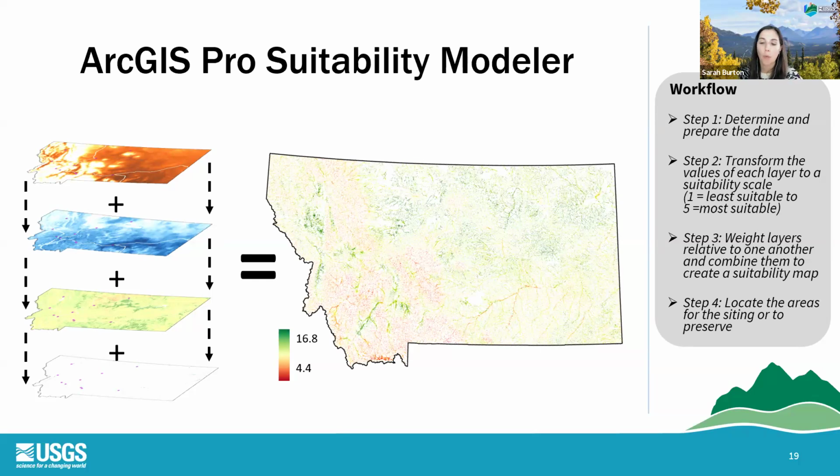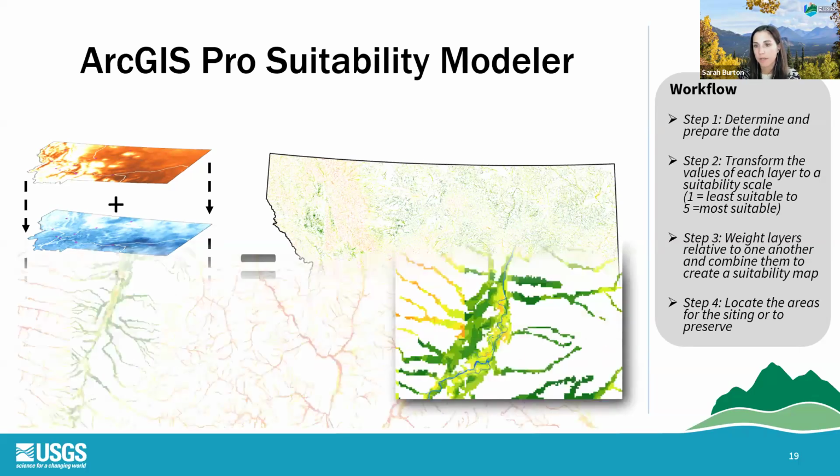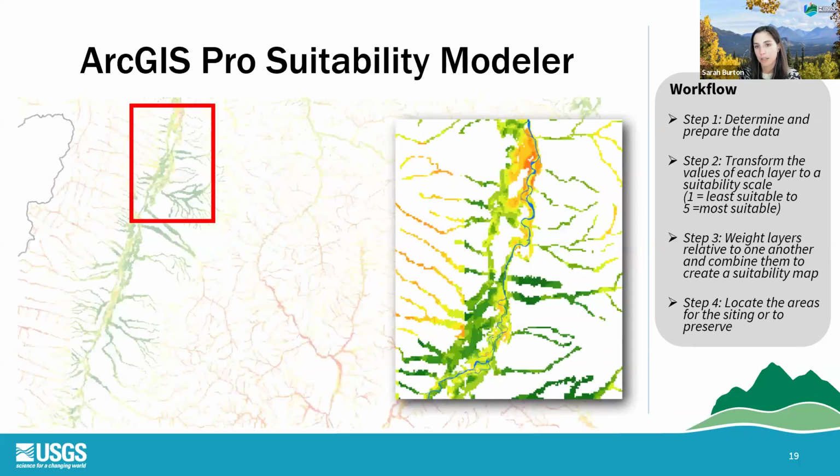So if you want the program to identify the most suitable areas for you, it can do that as well, or you can just examine the data yourself and determine maybe you have some more discrete knowledge of the landscape that would cause you to choose certain areas over the other to preserve. But yeah, this modeler will highlight certain areas and give you scores and show you why it maybe is the best or worst place to preserve in the future.